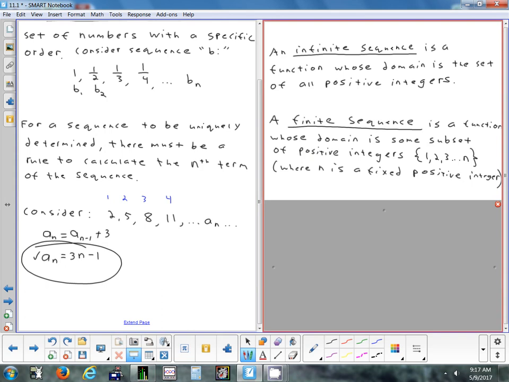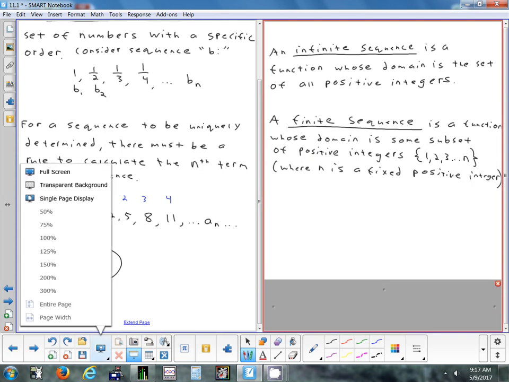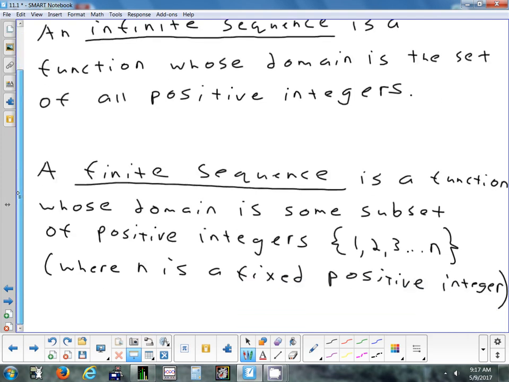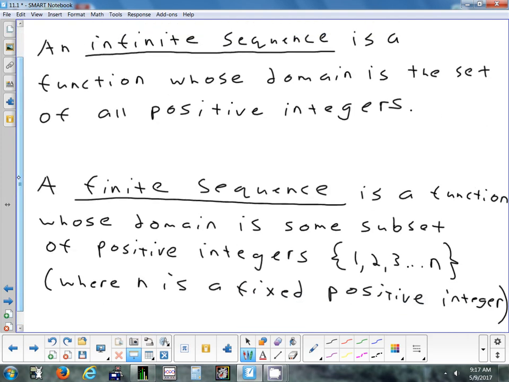Okay, so in a finite sequence, the domain is limited. It's a subset of positive integers. Okay, so any question on the difference between an infinite sequence and a finite sequence?